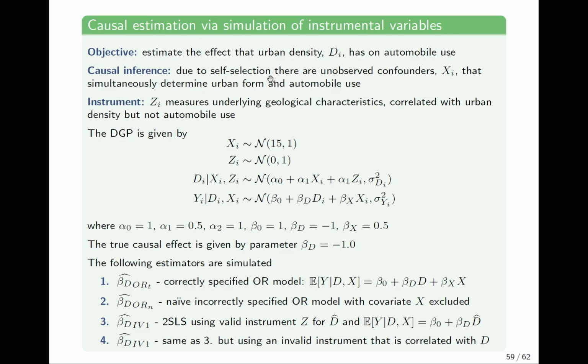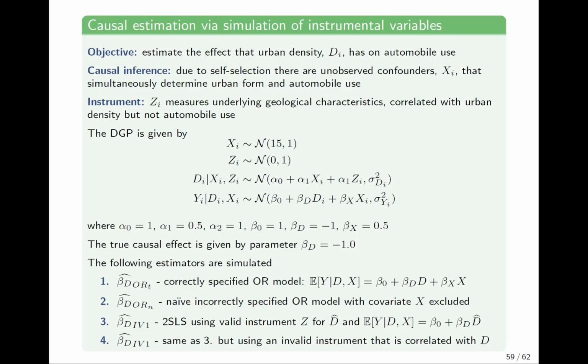But there's a causal inference problem, because due to self-selection, there are unobserved confounders that simultaneously determine urban form and automobile use. So think about it, people who do not like driving live in places that do not require cars. So they self-select into neighbourhoods where they don't require a car, or if you like driving, you self-select into a neighbourhood where you can use your car because you enjoy doing so.